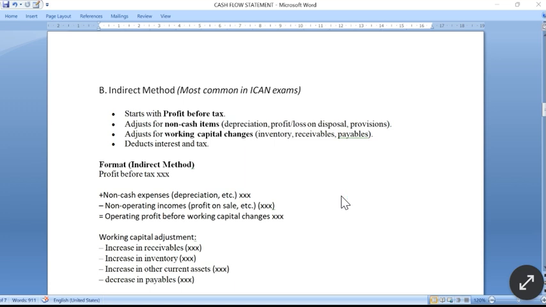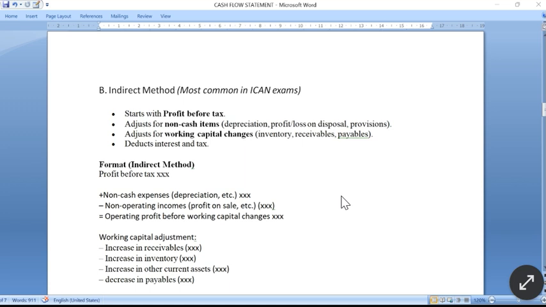But there is no way you even have profit after tax and you won't have profit before tax. Students, profit before tax should be what you start with under the indirect method. The other one used to confuse students a lot. That's why I may not even go to that. Start with profit before tax.